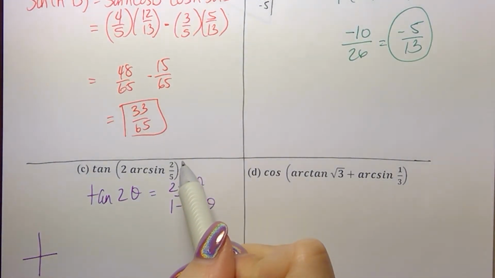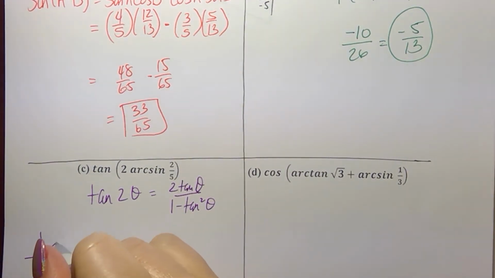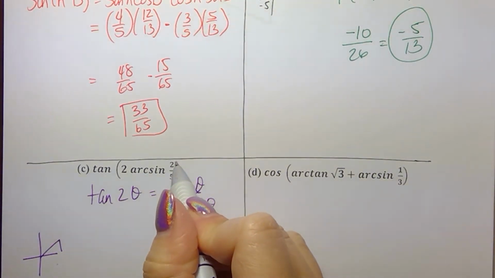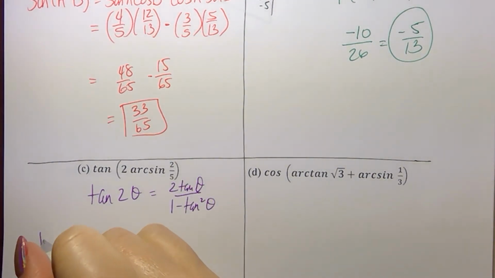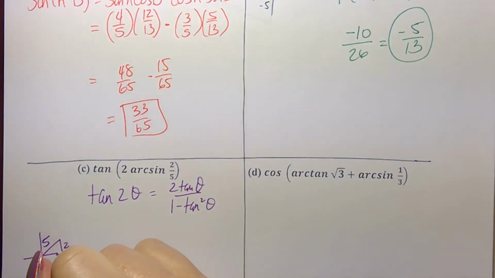Sine is positive. Sine is positive in quadrants 1 and 2, so it's positive in quadrant 1. Y over R. I need to find x. I discover that x is square root 21.